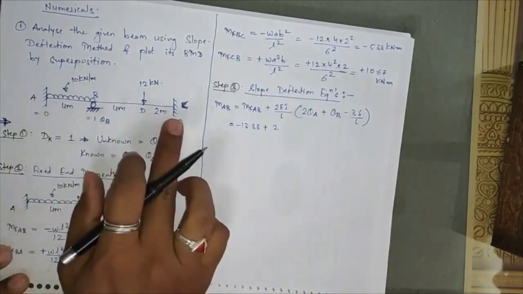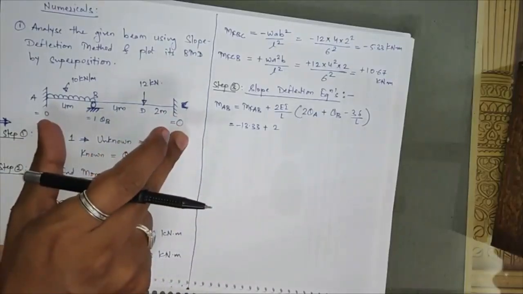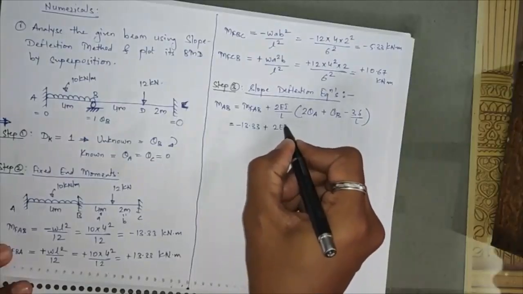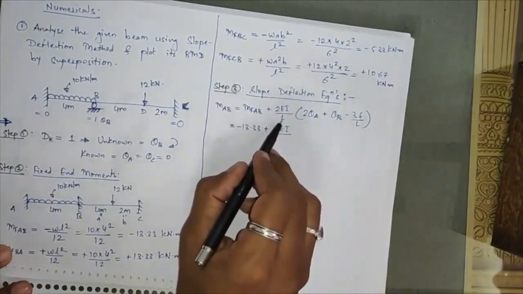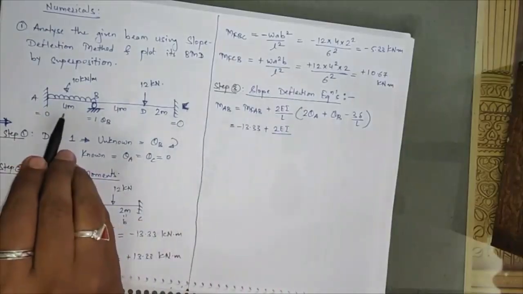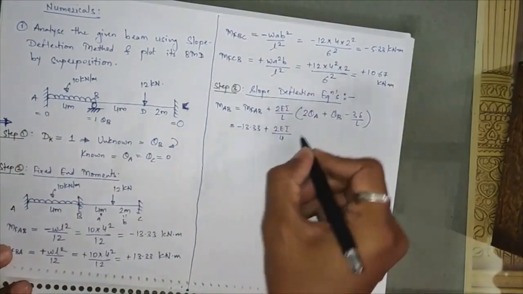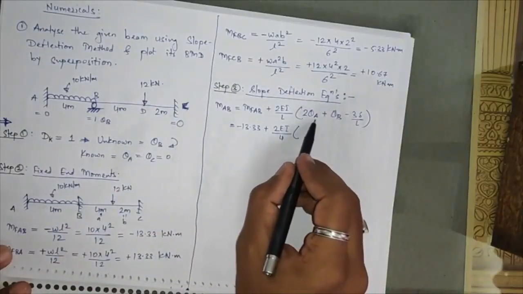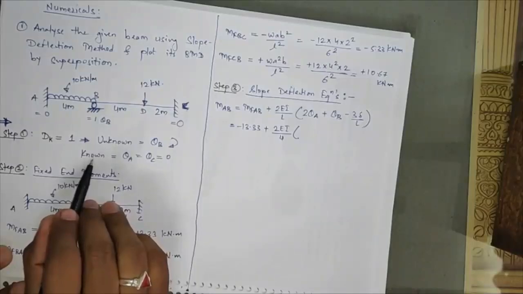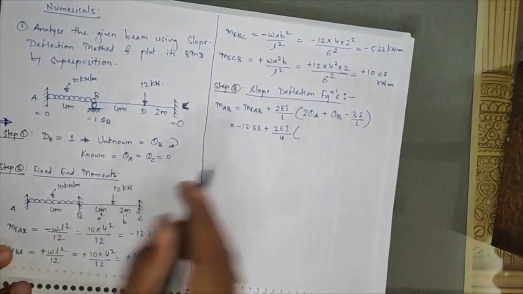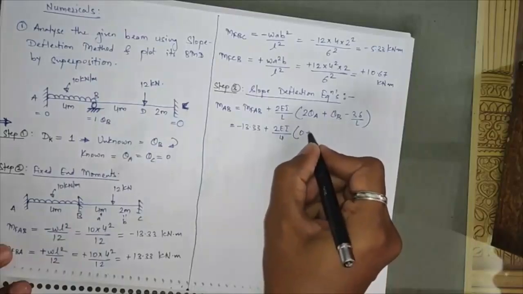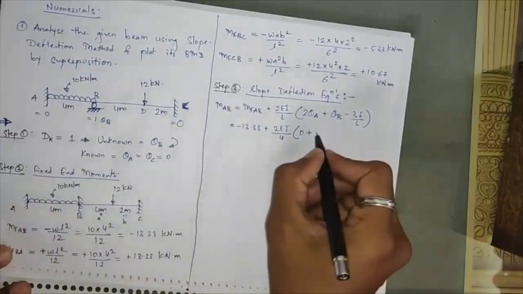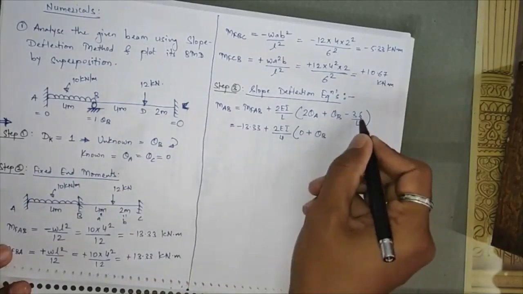Flexural rigidity is not given, so we'll consider it constant throughout the member. 2EI divided by L. L is the length of member AB, which is given as 4, into bracket 2 times theta A. Now theta A, that we have seen, is our basic known value, we are getting 0. So this first value will come 0 plus theta B, that is our basic unknown which we have to find out. So theta B, and next is your delta.